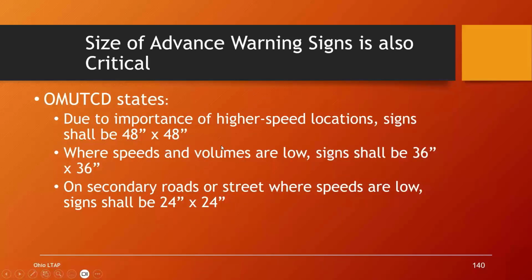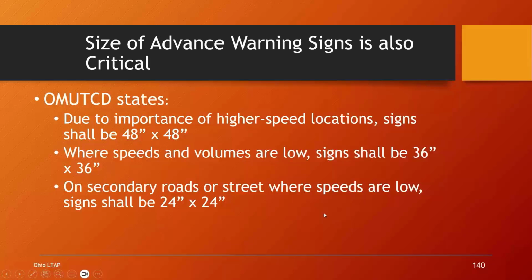So one of our quiz questions had to do with this, but here we have the size of our advance warning signs. If you're working on an ODOT freeway, then our advance warning signs need to be 48 by 48, and then once you get into lower speeds like 35 and lower, 40 and lower, you can use 36 by 36.